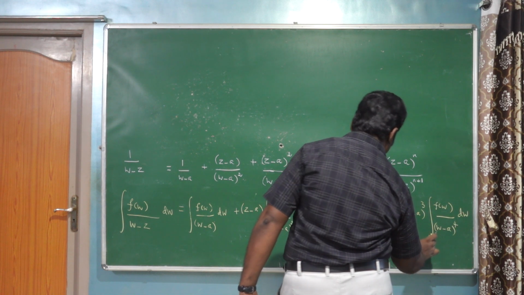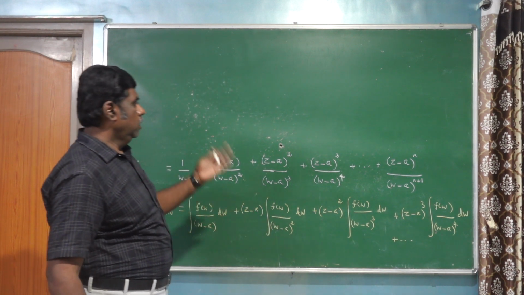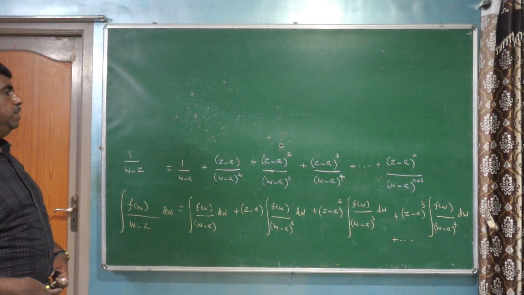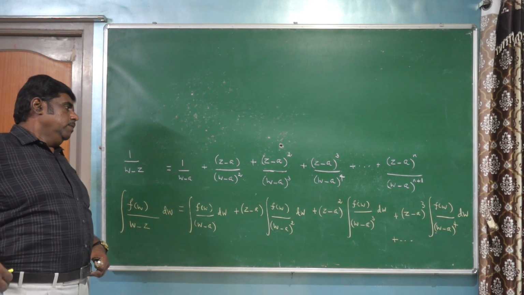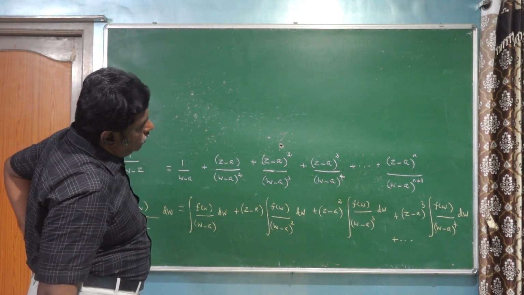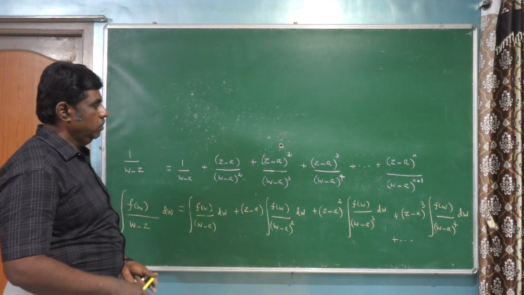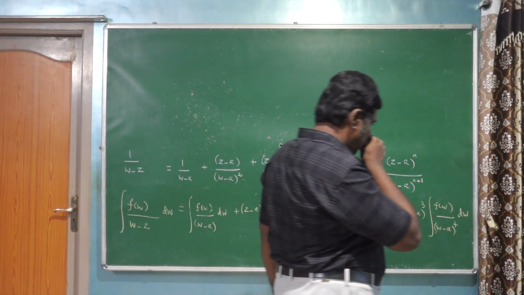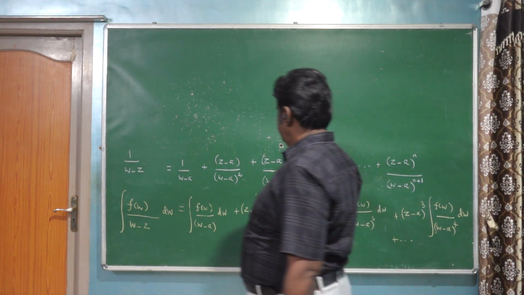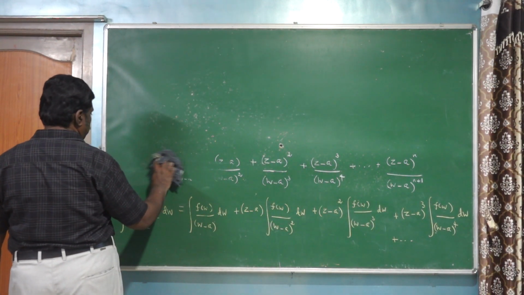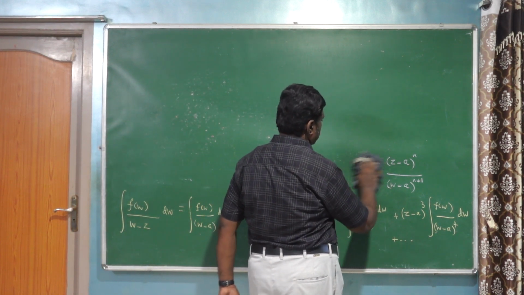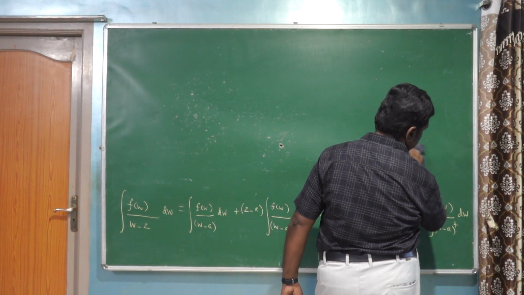In this way the series is going on. The last term is Z minus A power n within the integral f of W divided by W minus A power n plus 1 into dW. It is known to you. Now we have to evaluate the integrals one by one.